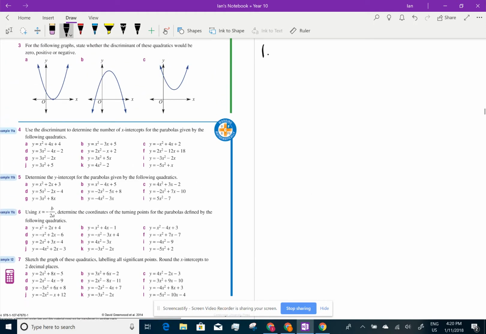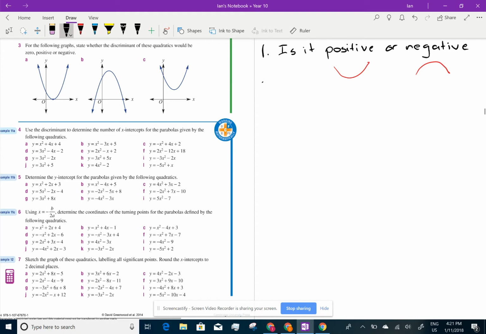Number 1: is it positive or negative? So is it going to look like this, or is it going to look like this?